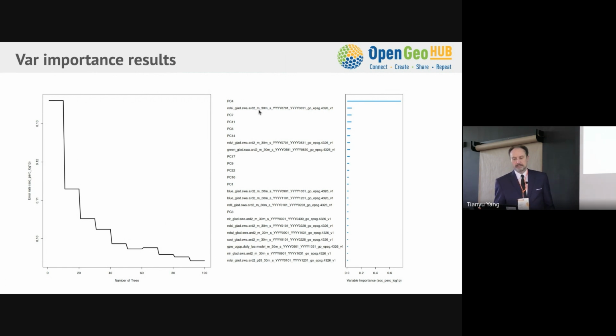And you can see PC4 is the most important. PC4 is from the spectra. As expected, if you have the spectral scan, it's the best. This one component is like 90%, 95%. Everything else has very small impact. That's a bit depressing, maybe.